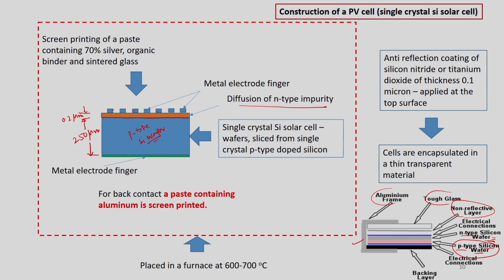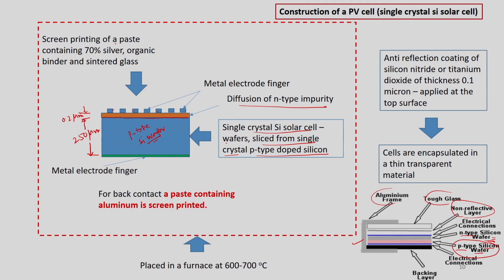So, we will have p-type wafers, and this is a single crystal silicon solar cell, and it is sliced from single crystal p-type doped silicon. Okay. So, this has a thickness of 250 micron, and then in order to make the junction we are diffusing n-type impurity here, and then we will have metal grids. These are transparent to the solar radiation. And then what we have to do?